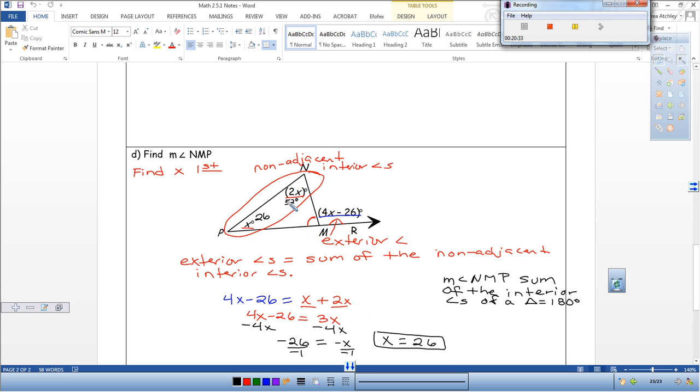So now I have 26 and 52. So 26 plus 52 equals 78.